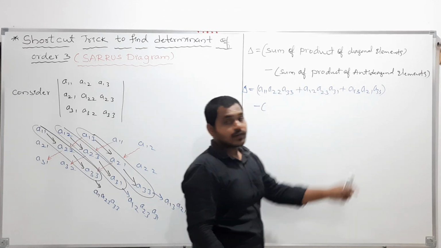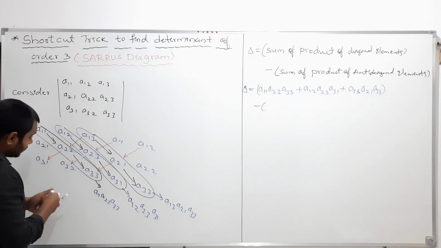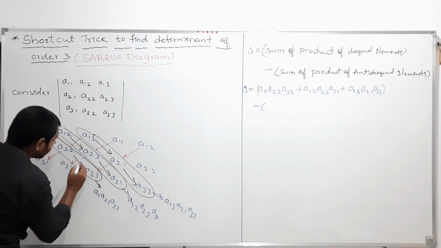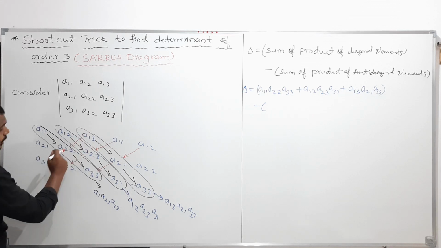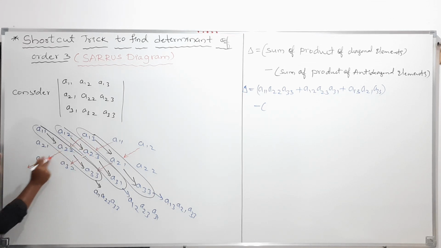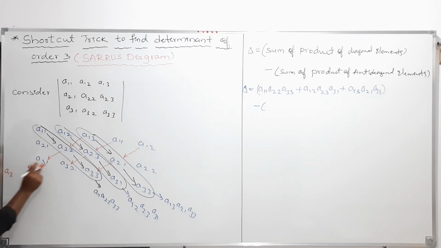the sum of the product of the anti-diagonal. Sum of the product of anti-diagonal means this anti-diagonal. So my dear students, I will take the product of these anti-diagonal elements. If I multiply, it means a13 a22 a31.